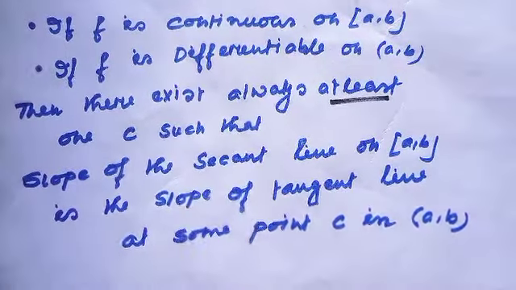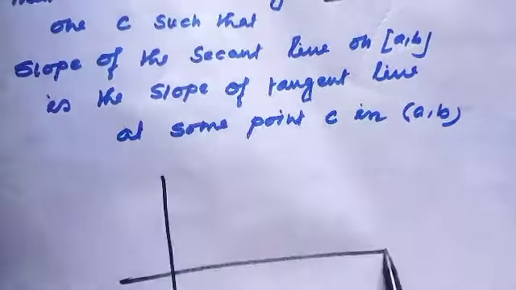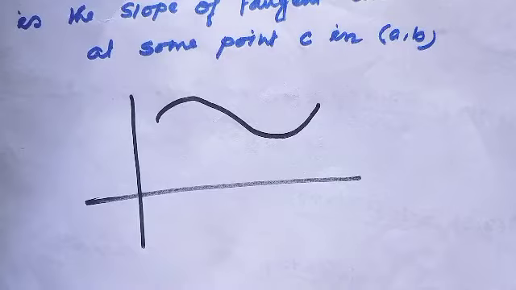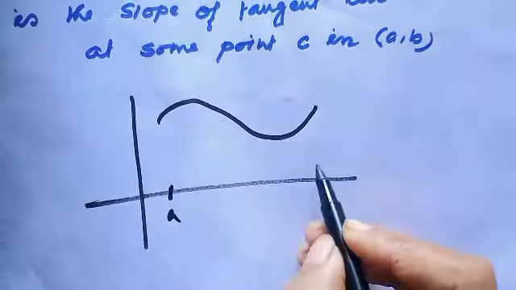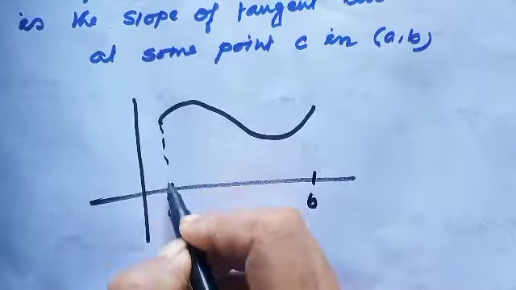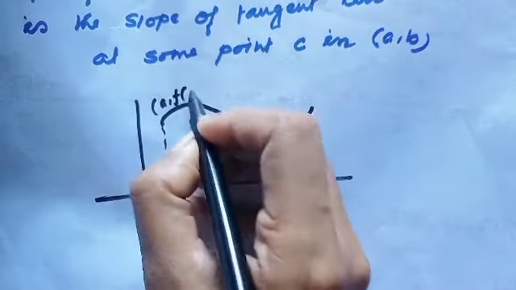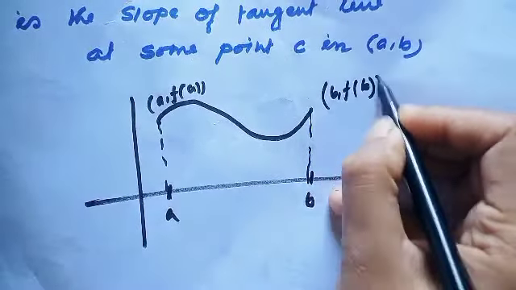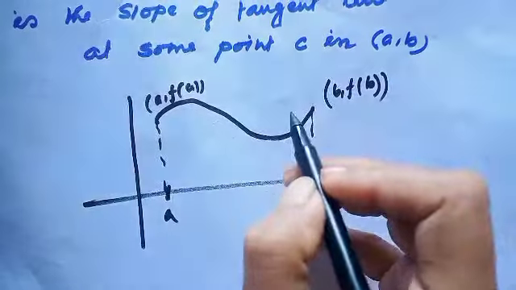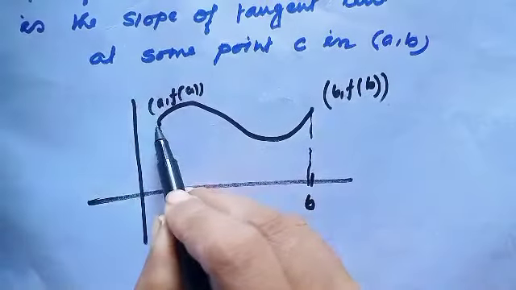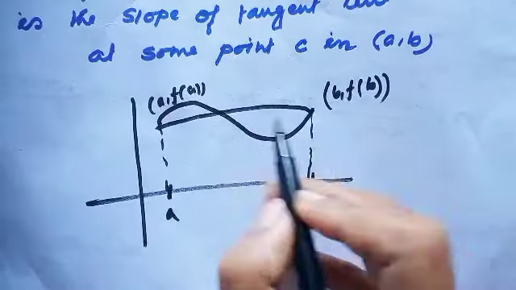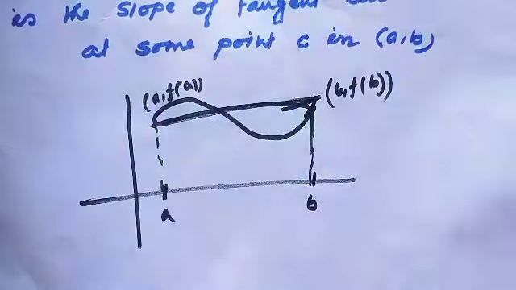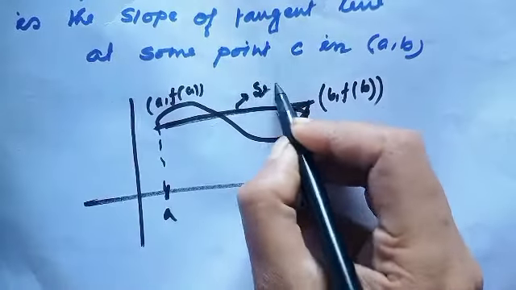Now consider another graph. This is the point A and this is the point B. That means this is f(a) and this is f(b), and this is the secant line, we all know.